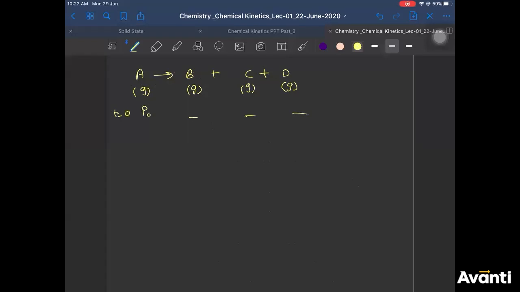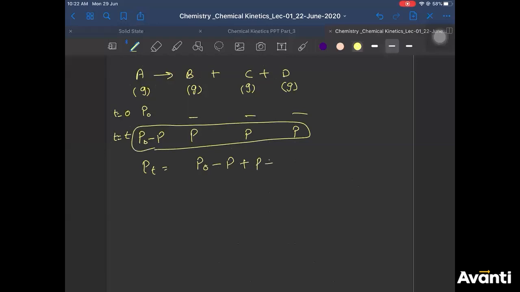Now at time T, the pressure becomes P naught minus P. One mole gives 1 mole, 1 mole, 1 mole, so P will give you P, P, P. What is PT, the total pressure at time T? It is P naught minus P plus the sum of all this: P plus P plus P. So you get P naught plus 2P.